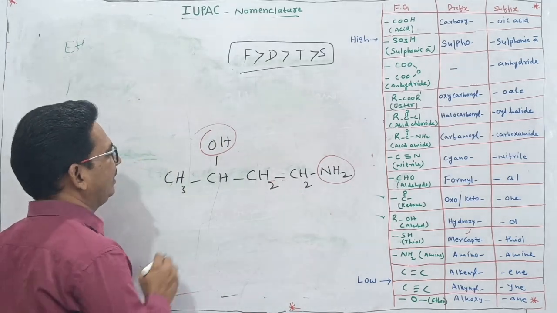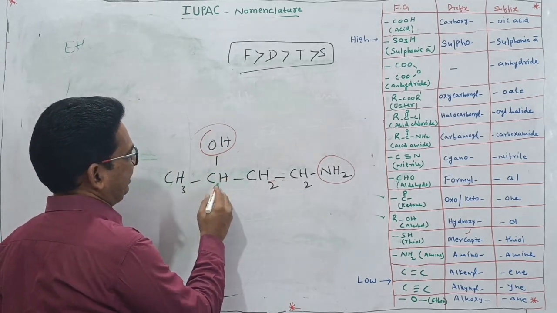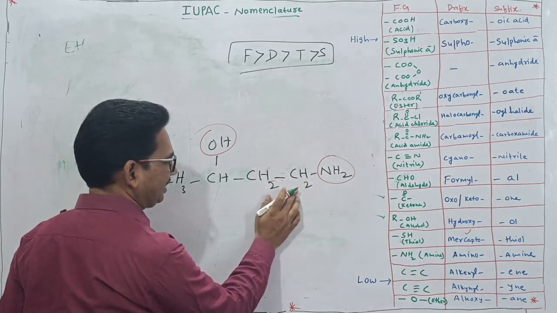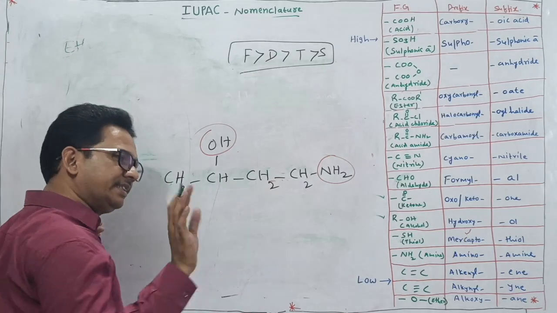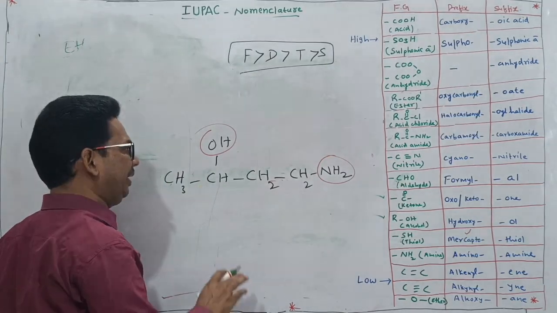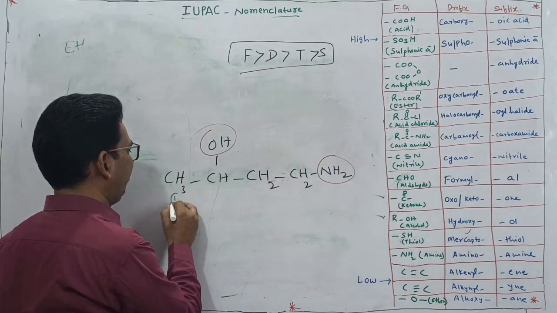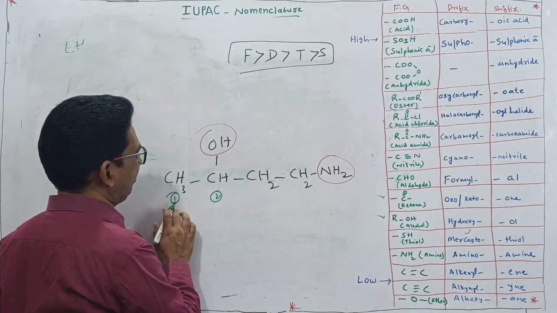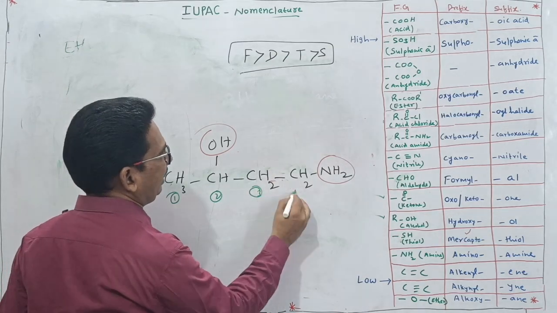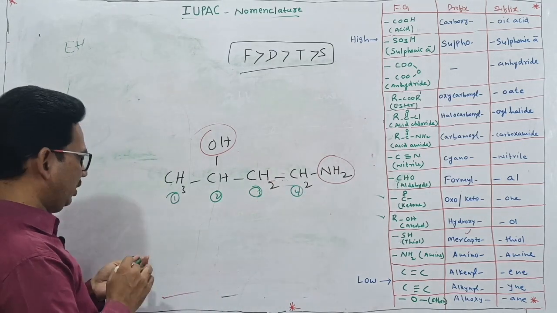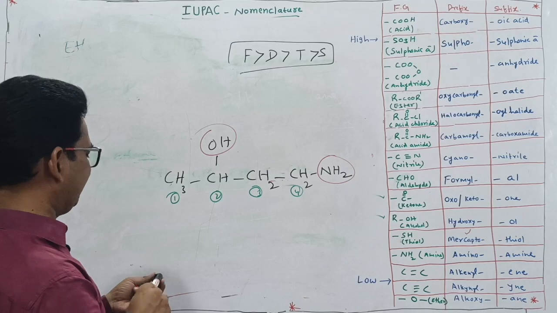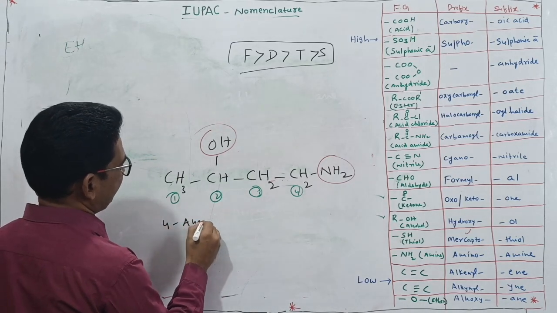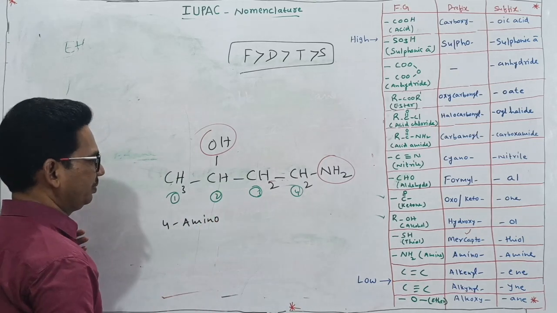But here the hydroxy group is attached on the second carbon, and here the amine group is on the first carbon. Still, we have to give the numbering from the more prior group only. 1, 2. Don't start from here. Here also 1 carbon is there. 2, 3, 4. Now, amine we write as the prefix amino. Which position? 4th position. 4-amino.